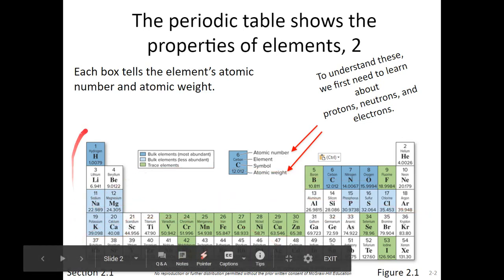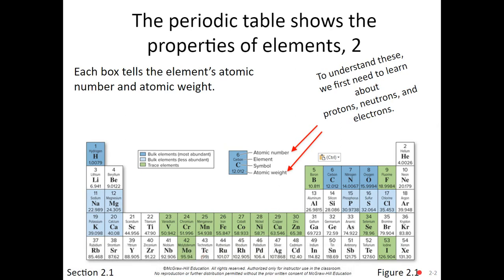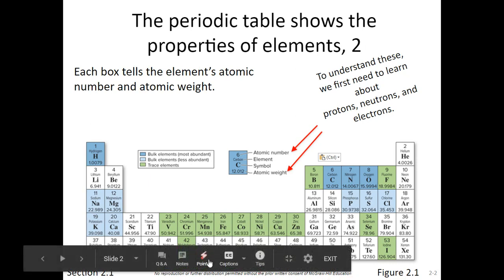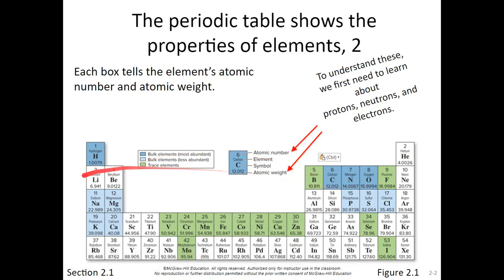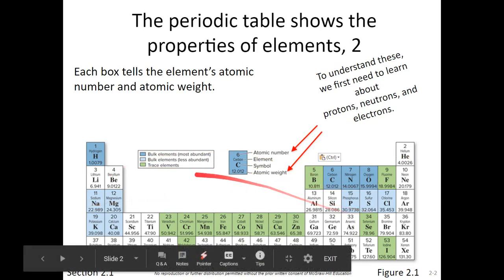So it is a good idea that you memorize the first 20 elements. And once you memorize them, you must know their atomic number. When you talk about atomic number, it is 1, 2, 3, 4, 5, 6, and they are going in ascending order.